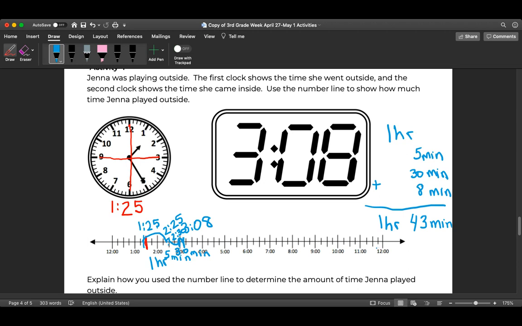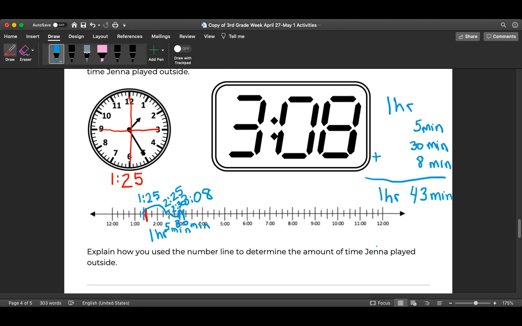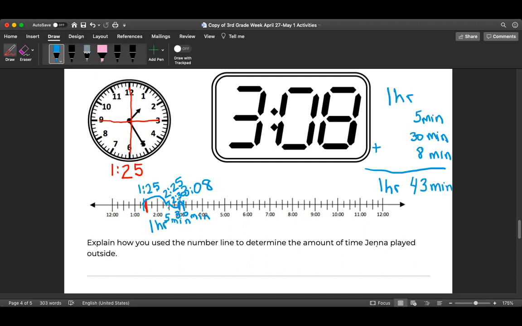So at the bottom, it says, explain how you use the number line to determine the amount of time Jenna played outside. Well, I'm not going to write this answer. I want you to write it, but your answer should include that we made a jump of 1 hour, and then we counted up 5 minutes, 30 minutes, and 8 minutes to find the total of 1 hour and 43 minutes.